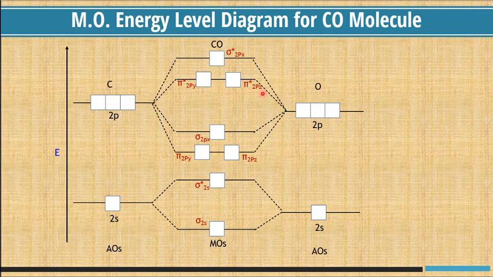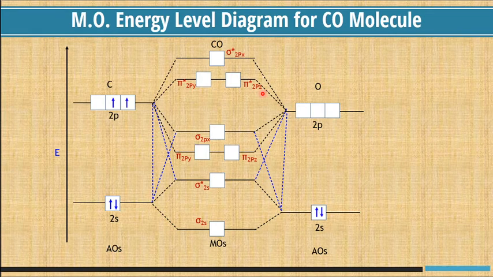Let us consider the electrons in the carbon and oxygen. There are 2 electrons in the 2s orbital of carbon and 2 electrons in the p orbital of carbon. There are 2 electrons in the 2s orbital of oxygen and 4 electrons in the 2p orbital.